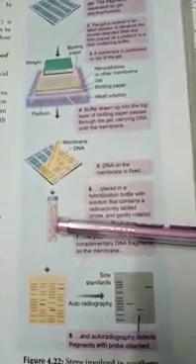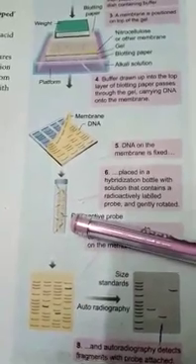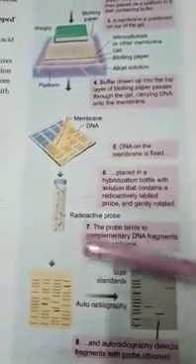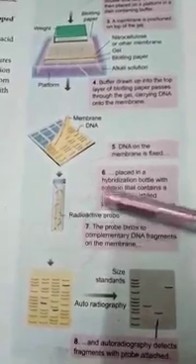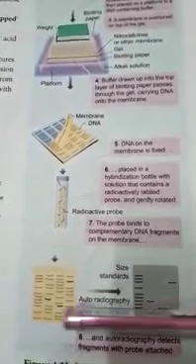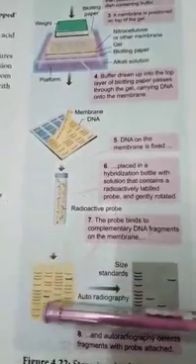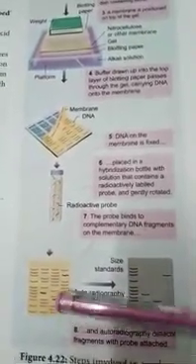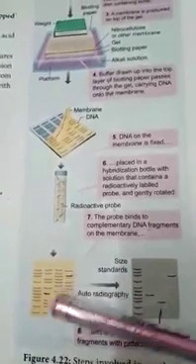That is the hybridization process. We can use the probe as a radioactively labeled probe, so the complementary DNA fragments are mixed with the radioactive probe. Then we use autoradiography, which means a photograph taken from the radiation, to see where the DNA is bound.